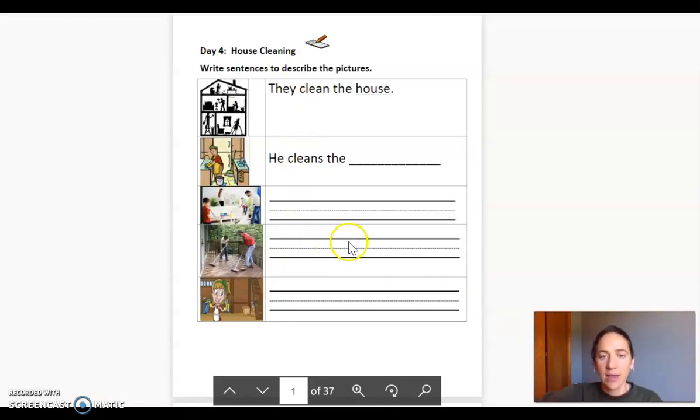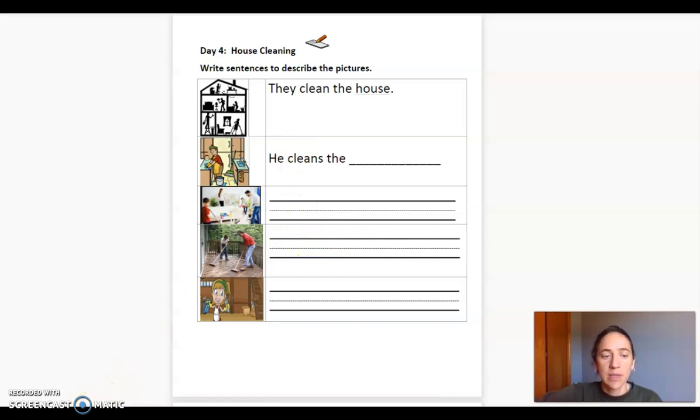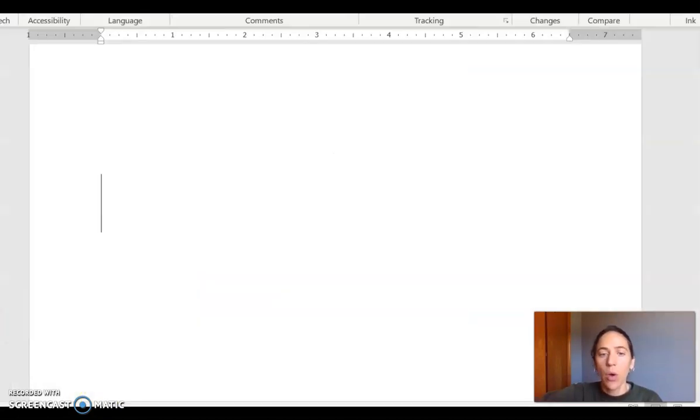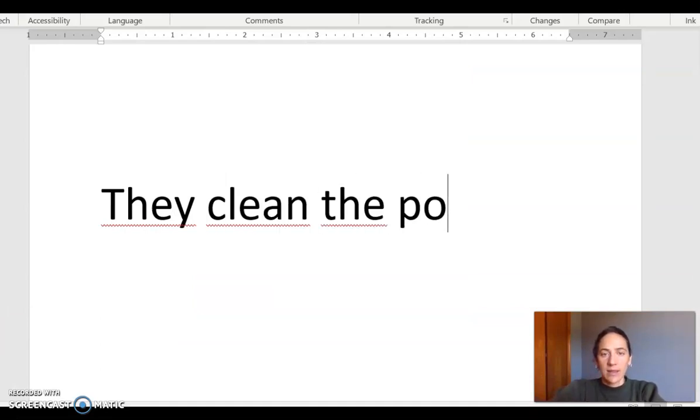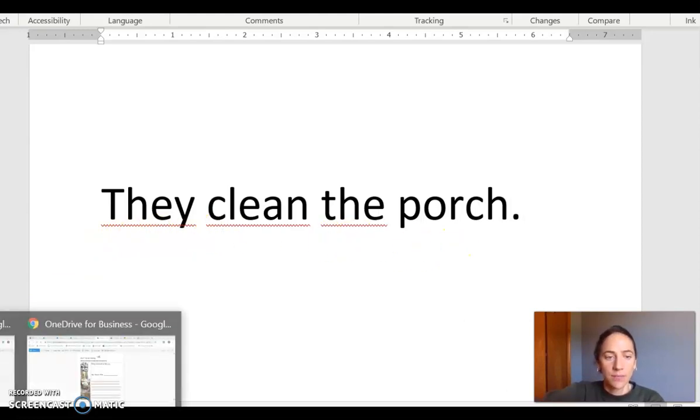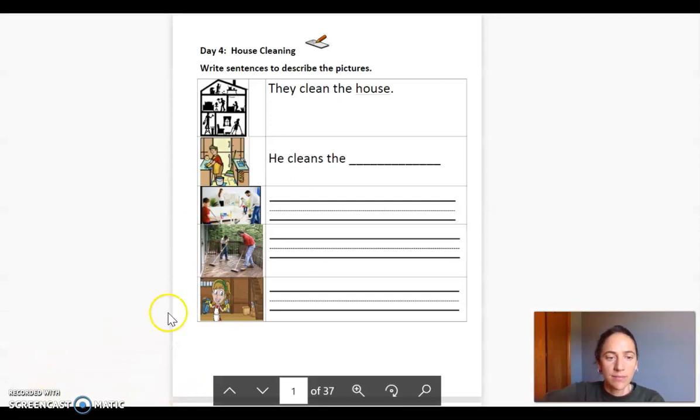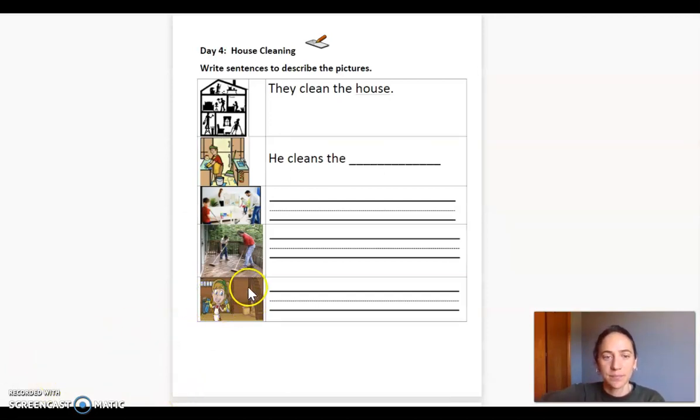They clean the porch. Please write that on your paper or say it out loud, like this. They clean the porch. Good.